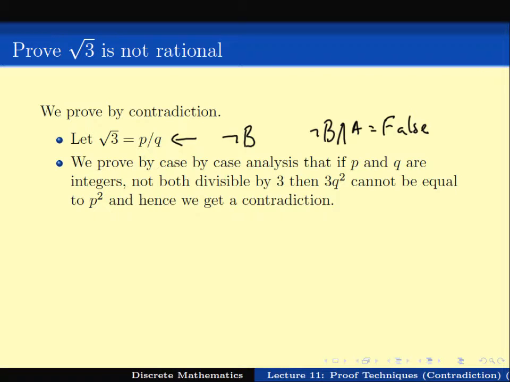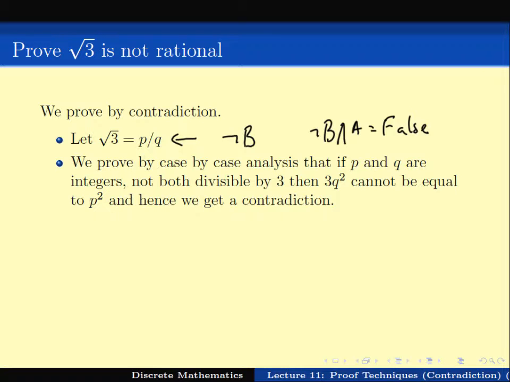Now, to prove that we get some weird statements, or maybe we do get some false statements, we will do a kind of case analysis. We will apply the case analysis technique here. But to understand it, let's first simplify it. When I write square root 3 as p by q, and if both p and q are divisible by 3, then I can just strike out 3, or divide both p and q by 3, and I get a smaller p and q.